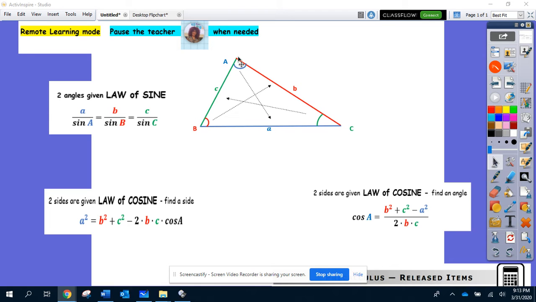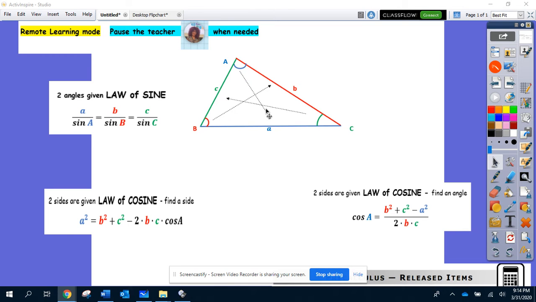At first, the vertices and the angles of the triangle should always have capital letters. And the sides of the triangle, the lengths of the sides, are annotated with lowercase letters, but not just any letters.